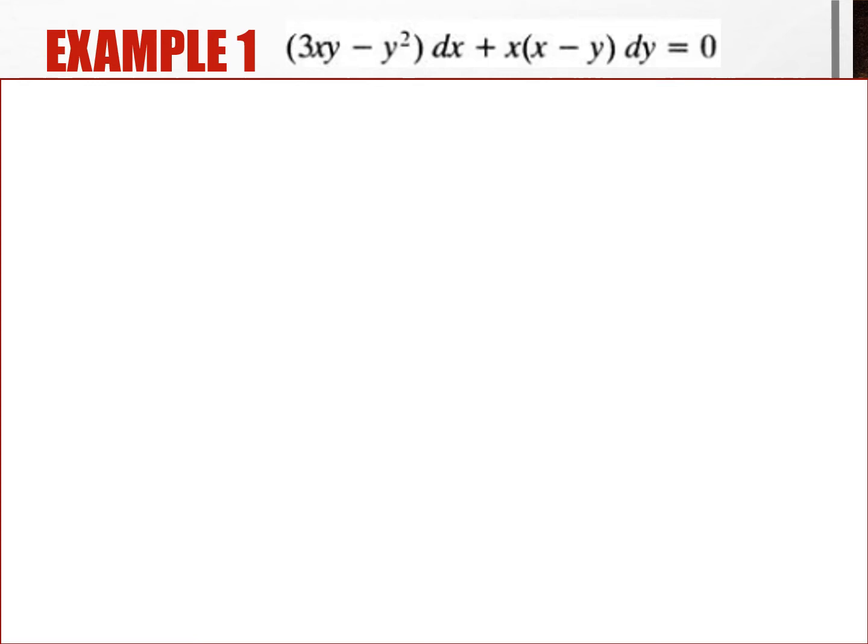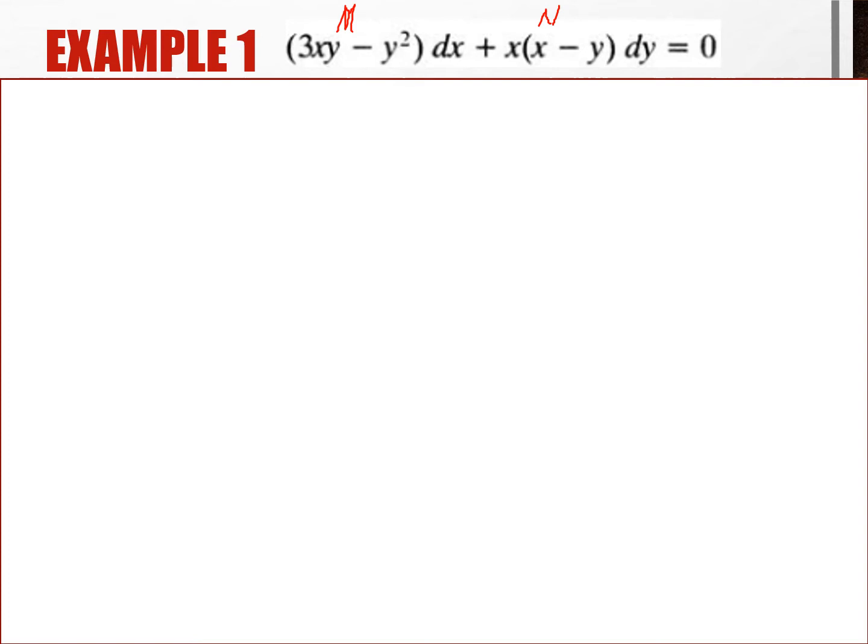So we have an example, this one: (3xy minus y squared) dx plus x(x minus y) dy equals 0. We denote this one as M and this one as N. And take note, we don't know yet if it is case 1 or case 2, but the main thing here is to test for exactness first.